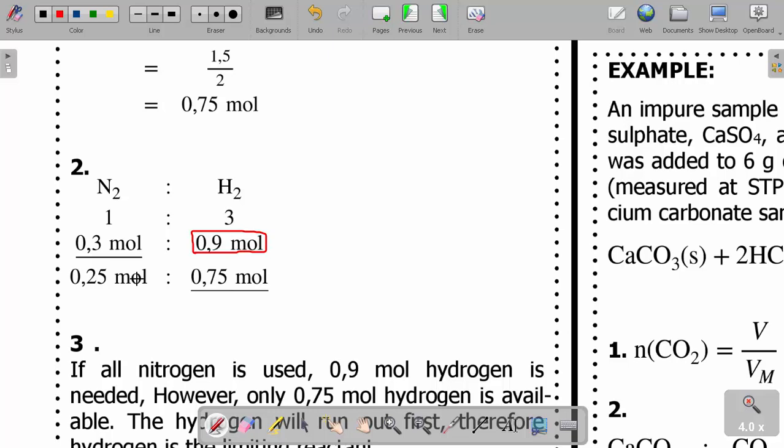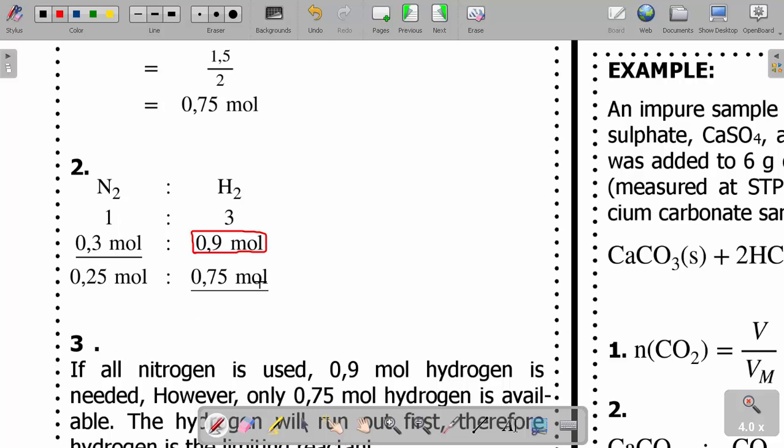Because this one is not enough, it's less than 0,9, it means that hydrogen is my limiting reagent. And so for that matter, the 0,75 that I have available will only consume 0,25 of the nitrogen.